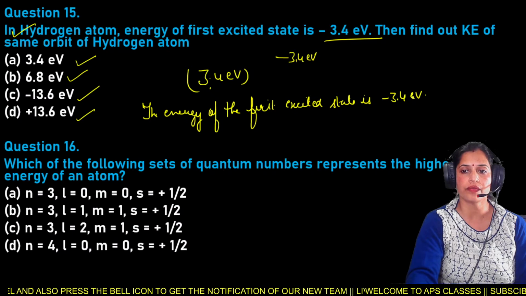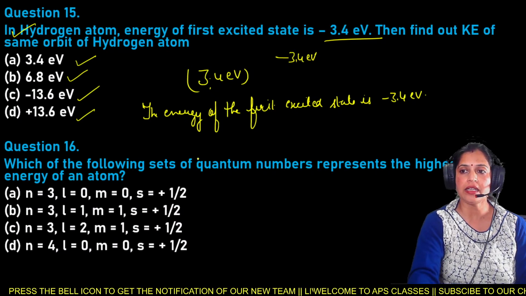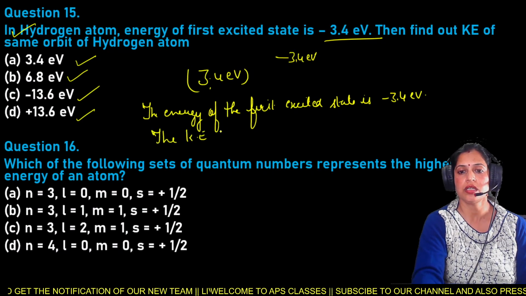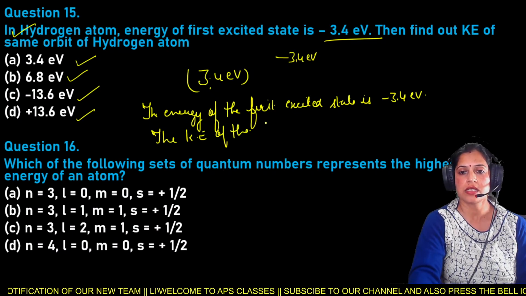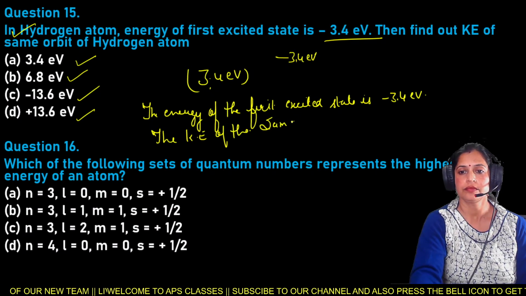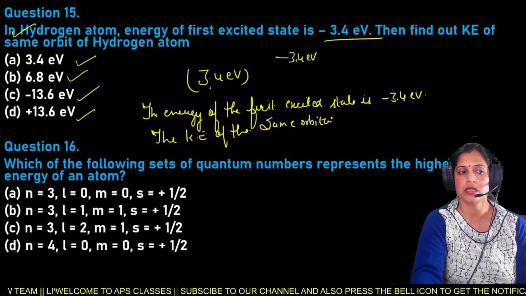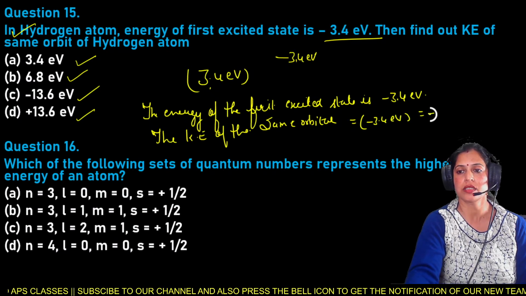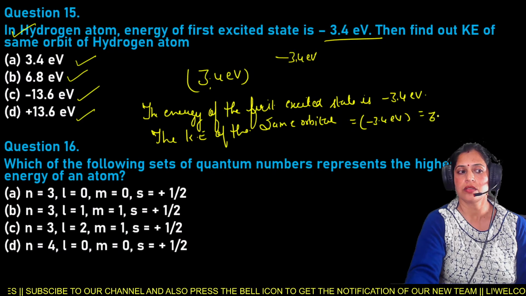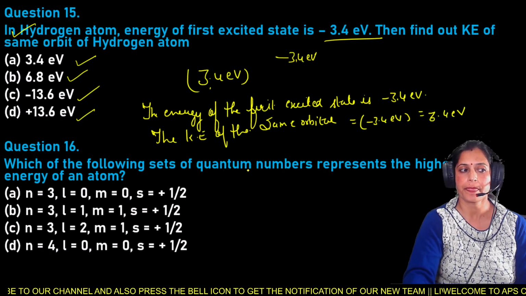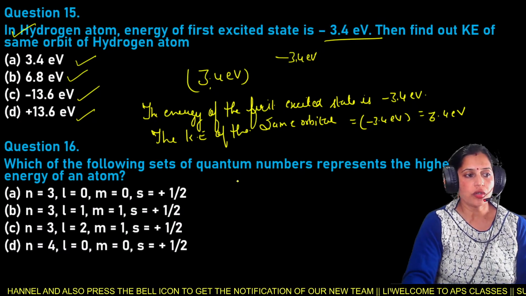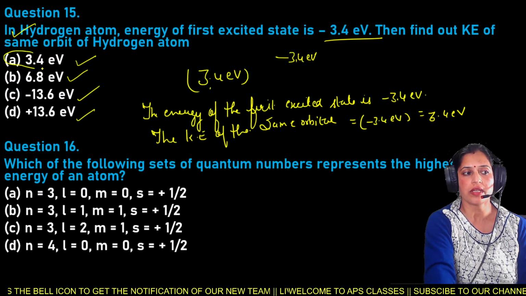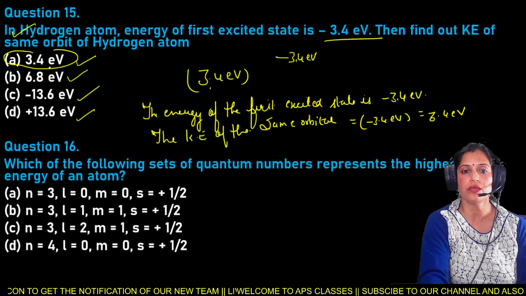Then the kinetic energy of the same orbit is equal to minus of minus 3.4, that is 3.4 electron volt. Therefore, the kinetic energy of the same orbit of the hydrogen atom is 3.4 electron volt. So this is the right answer.